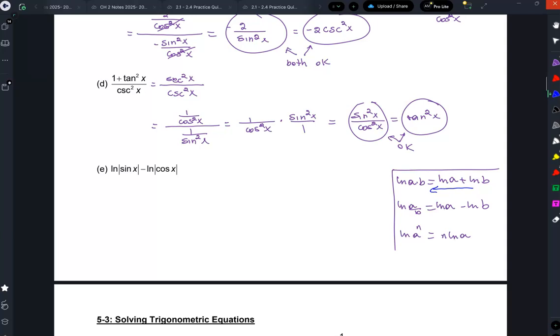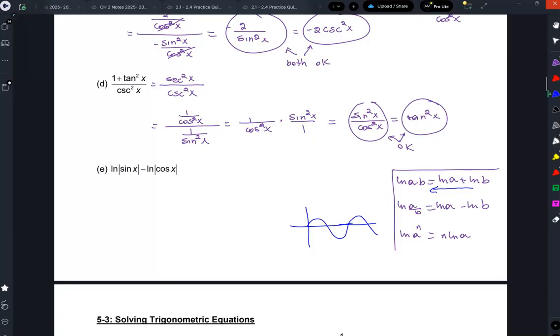Also no. But you can have ln of a positive number. So look at ln of sine x. Is it ever possible for sine of x to be negative? Yes, because half of its life sine of x is positive, and half of its life sine of x is negative. So if you want to have ln of sine x, you want to make sure the sine x is always positive. That's why it's necessary to have absolute value sine x.